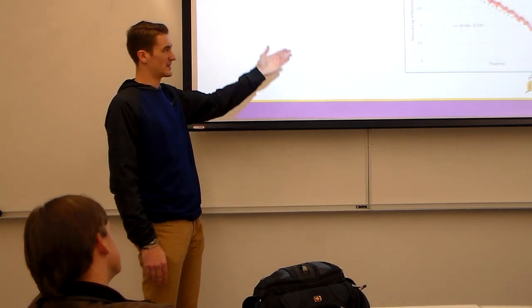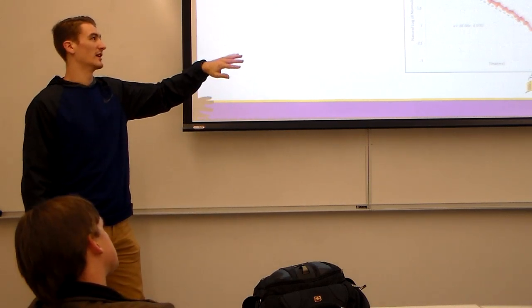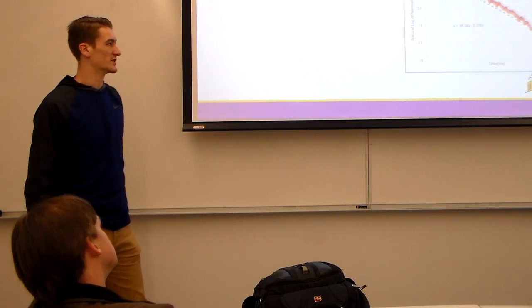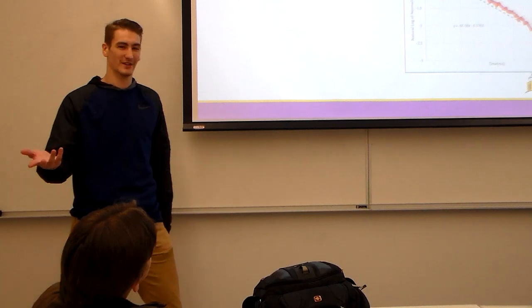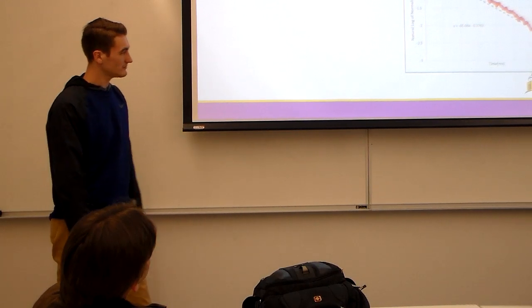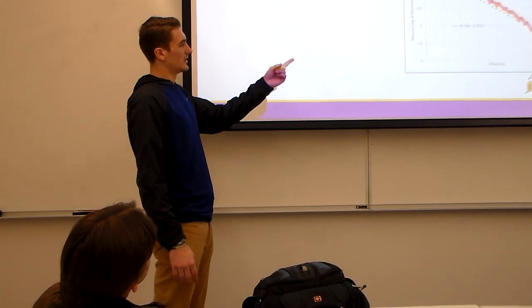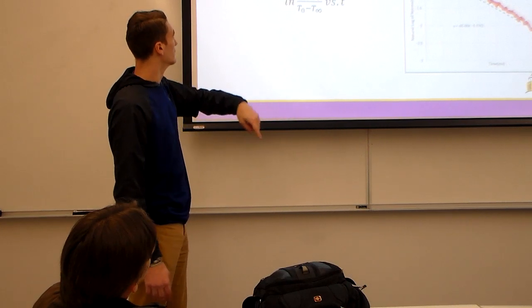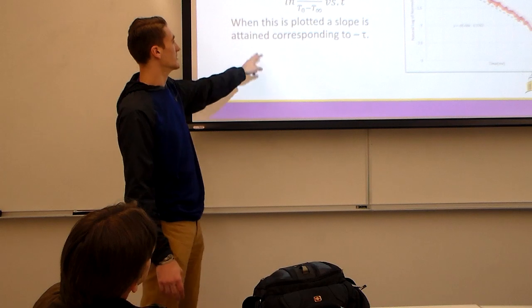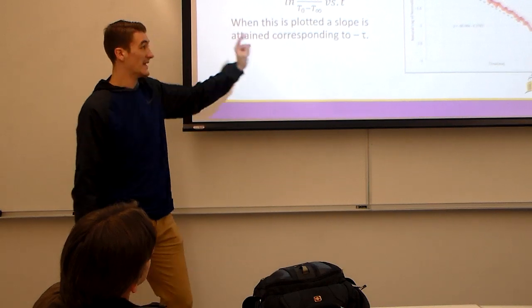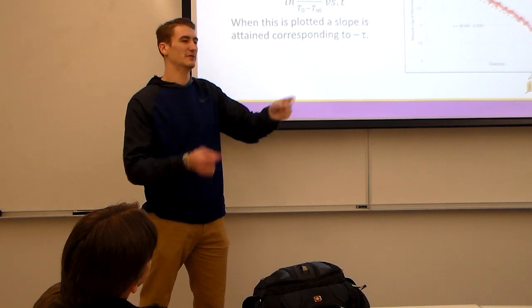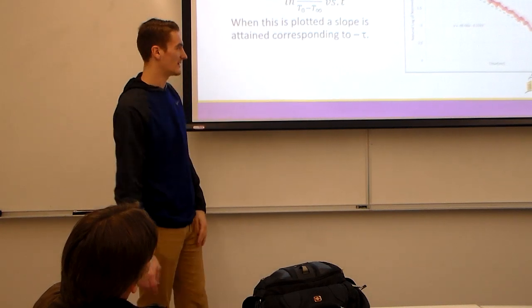I kept the normalized temperature on the y-axis and made time the independent variable, which now that we talked about it should be flipped. When you plot this, you should get a negative tau value. So that's why I kept it, even though if you did flip it, you still get a negative tau value.